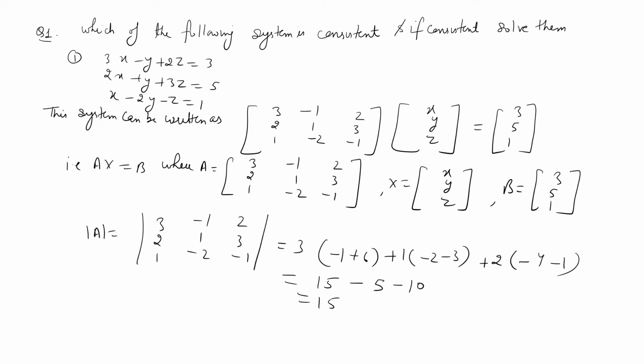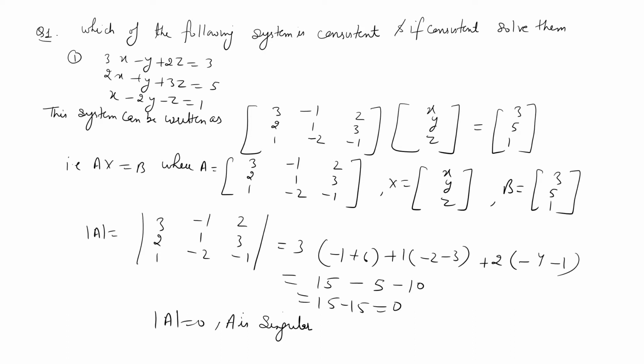So it turns out to be 15 minus 15, that is 0. So determinant A here is 0. This implies A is singular, it is not non-singular. In case of non-singular we can use A inverse as adjoint A upon determinant A, but here this method will not work.